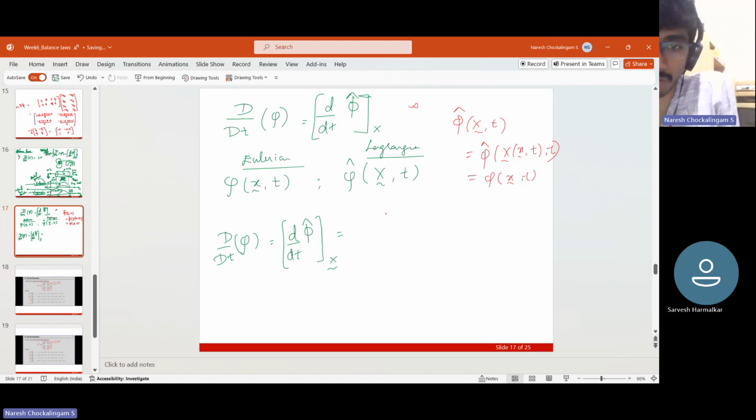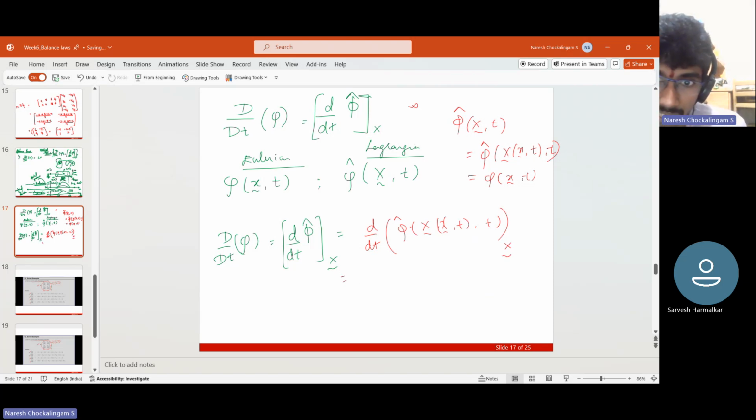Now let us just substitute here, right? We just have d by dt of phi cap of X of x comma t comma t, at this fixed capital X. Now what is this? Here we can use the chain rule. So this is a function of something which itself is a function of t.